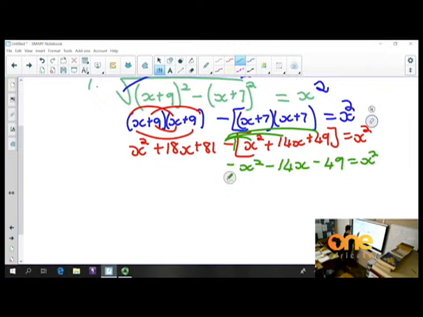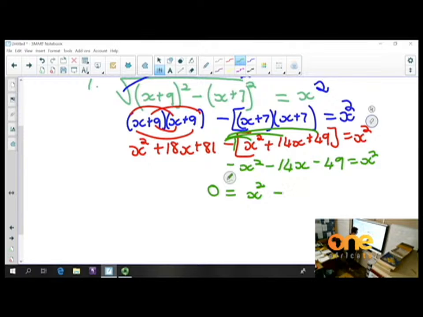Okay, so this x squared and this one will cancel out. And I'm going to take them all over to the other side. So 0 is equal to, so that x squared remains now there. This 2 will cancel out. What is plus 18 minus 14? It is 4.